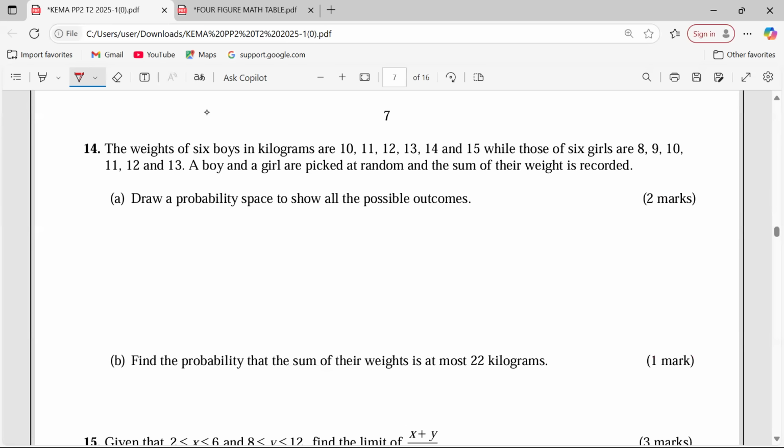So let me show you how a probability space is usually drawn. You can have a column there for the boys, then a row for the girls.